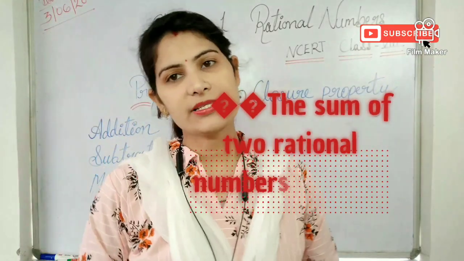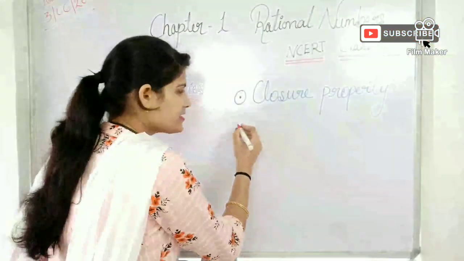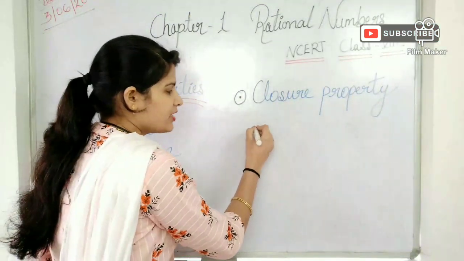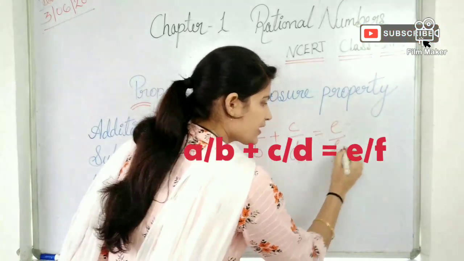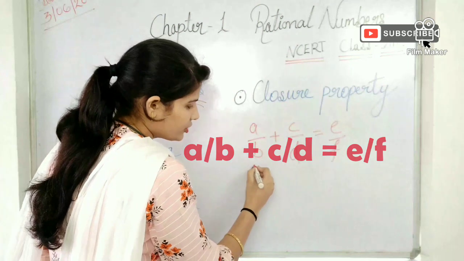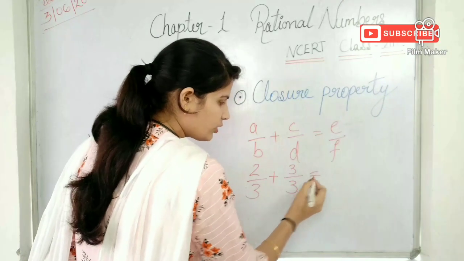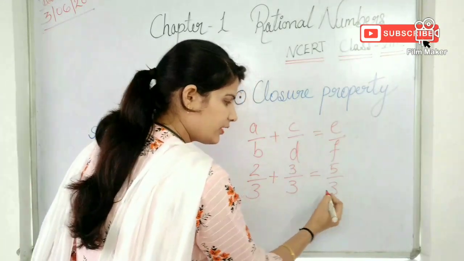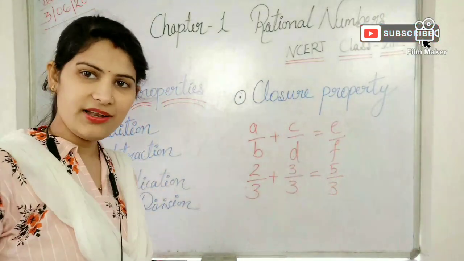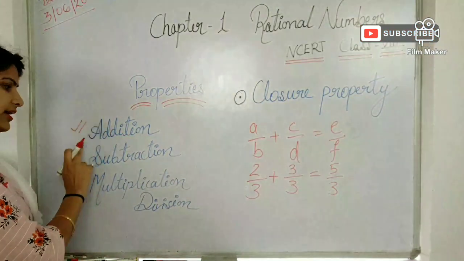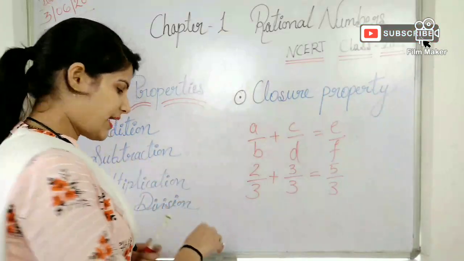The sum of 2 rational numbers is also a rational number. Let us check: 2 upon 3 plus 3 upon 3 equals what? 5 upon 3. Yes, the sum of 2 rational numbers is also a rational number. That means closure in addition.